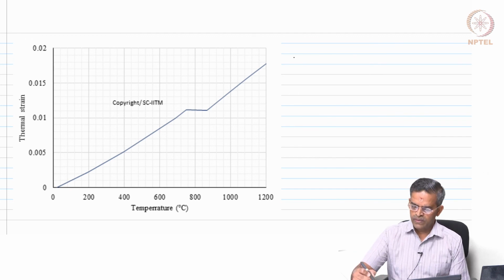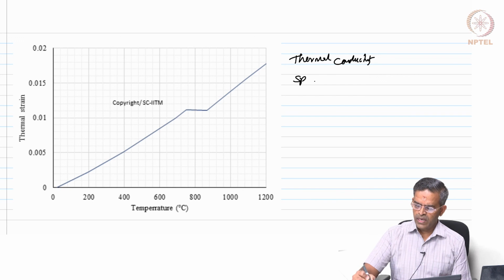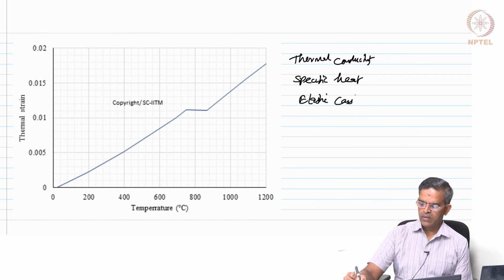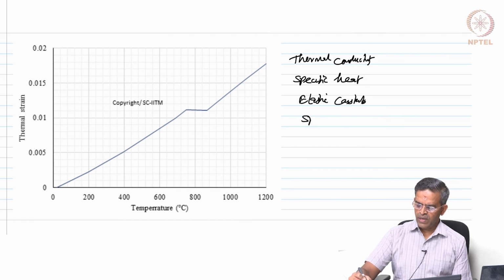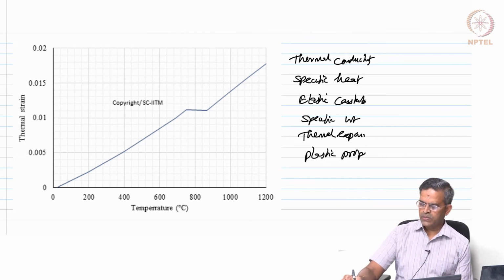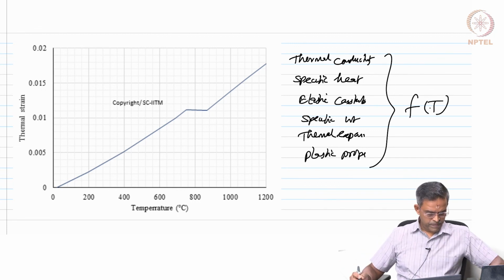So, therefore, friends, thermal conductivity, specific heat, elastic constants, specific weight, thermal expansion and plastic properties of steel all become function of temperature.